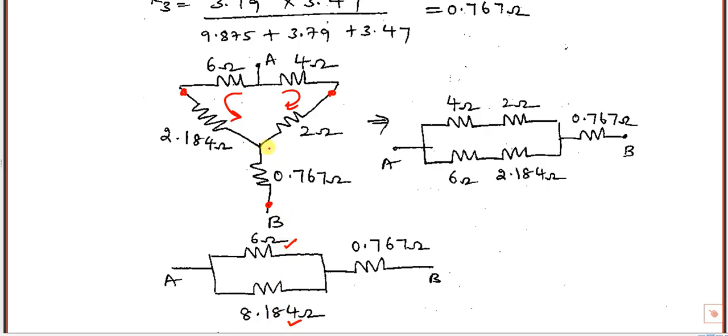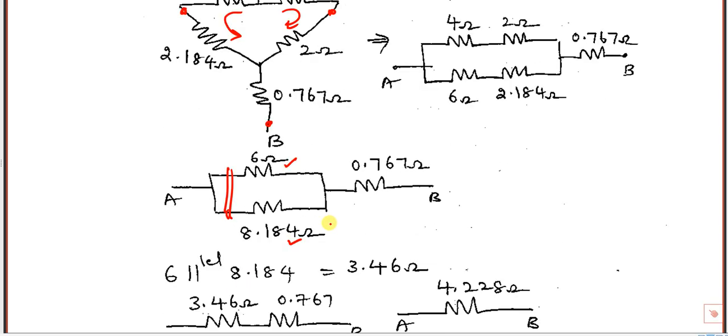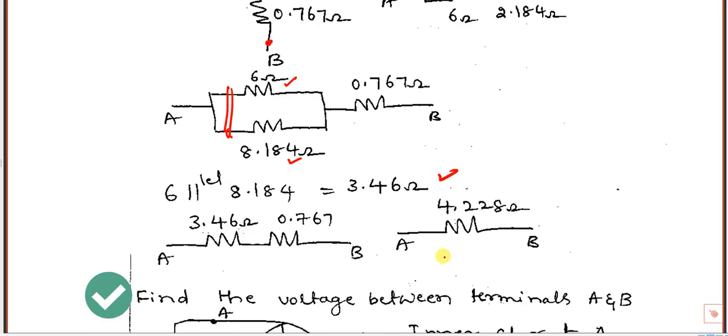This is 6. Again, these two are in parallel. So 6 parallel with 8.18 is 3.46. And finally, these two are in series. So add 3.46 with 0.76. You'll get 4.228. Thank you.